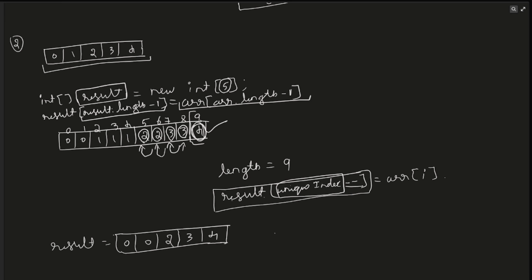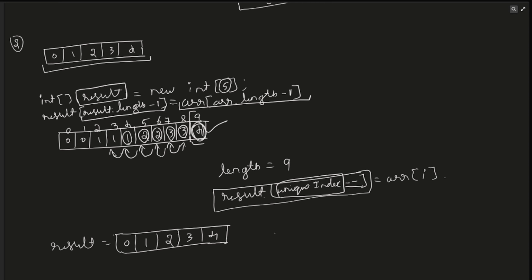Check whether the current element is equal to the next element. They are equal. Then do nothing. Flow goes to the 4th index. Check whether the current element is equal to the next element. They are not equal. So insert an element into resultant array. Since we are using decrementer here, it will always insert from the last.